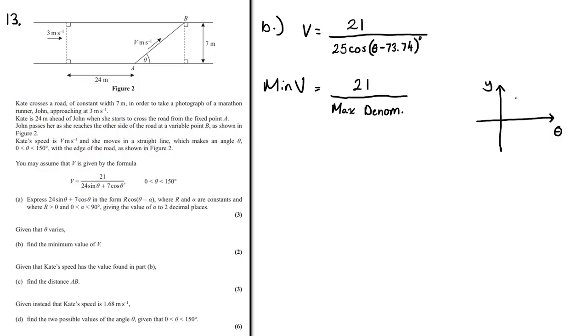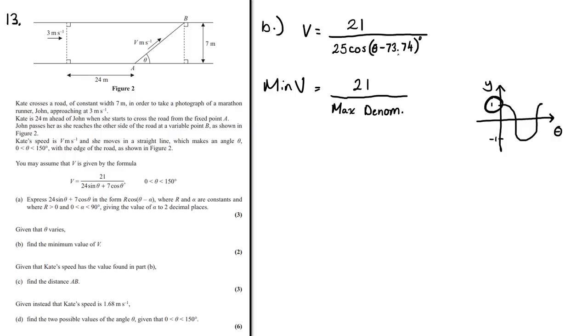Sketching cosine, it starts with a height of 1, it's going to come down, it's going to have a minimum value of -1, and it's going to look something like that. My sketch isn't perfect, but you get the idea. We've got its maximum value of 1 and its minimum value down here of -1. So if I want to make this denominator as large as possible, then the maximum value I can take for cosine is this 1 here.